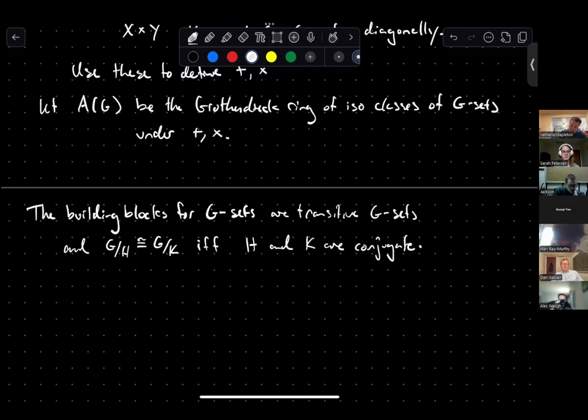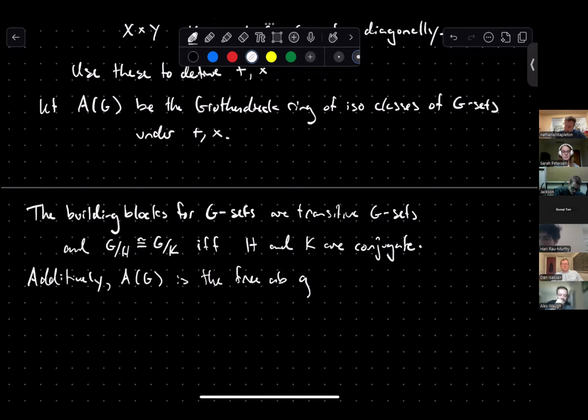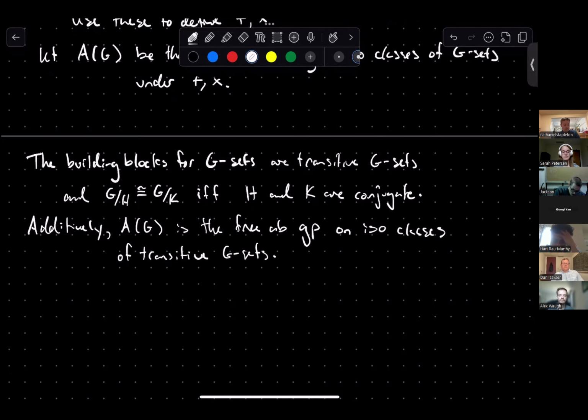So additively, A of G is the free abelian group on the isoclasses of transitive G-sets. And we understand what these look like. So we have a canonical basis again.